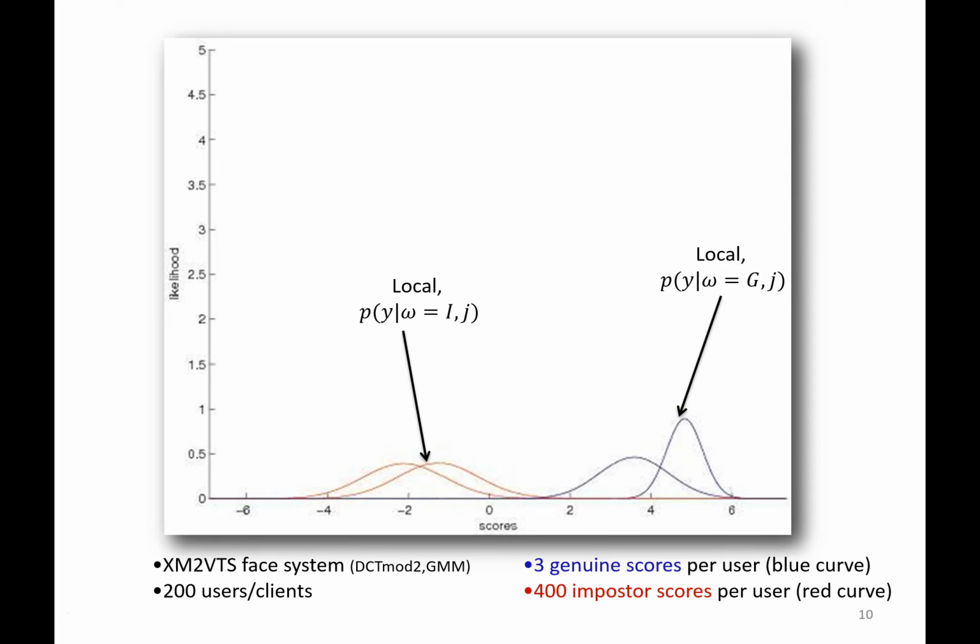If I use another user, so J is 2 now, you see the distribution is different. For the first user, I would have put the threshold around 2, right? That's a better decision threshold. For the second user, I probably want to put it around here.